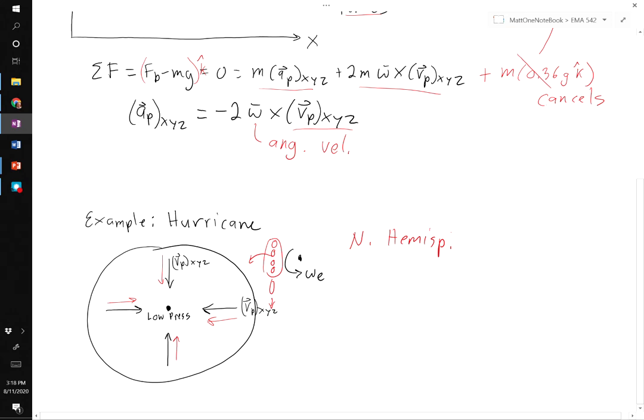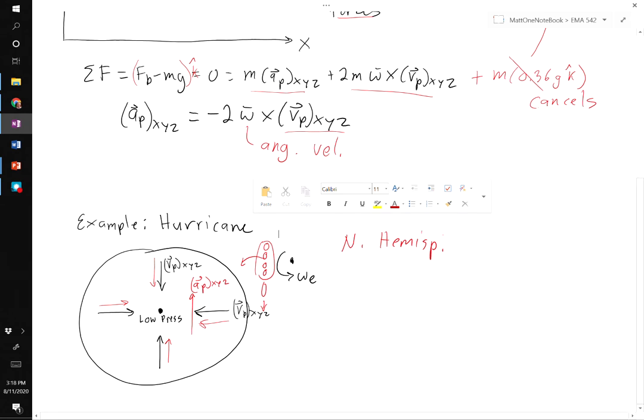But the acceleration is the negative of that, so that tells us that AP has to be a vector this way. And interestingly now, if we do the same thing here, we get our thumb pointing to the right, but then we put the negative sign in, and we get another AP relative to XYZ.